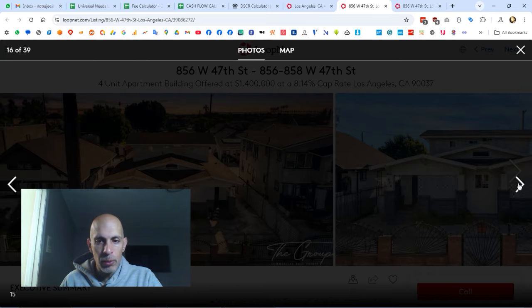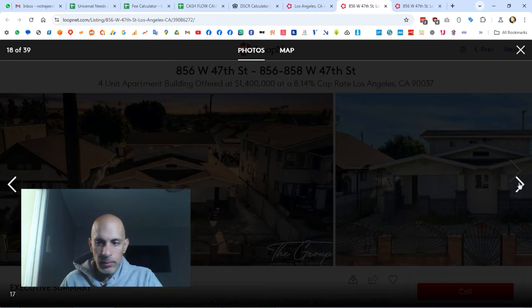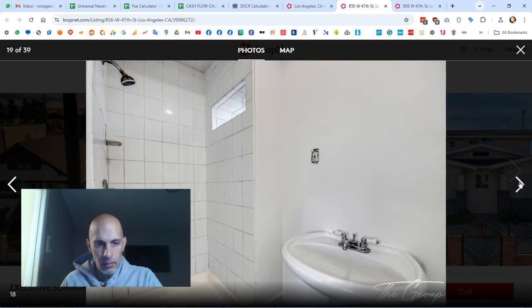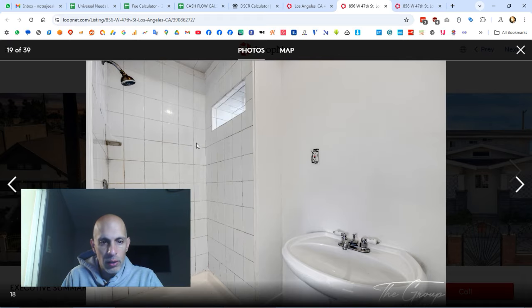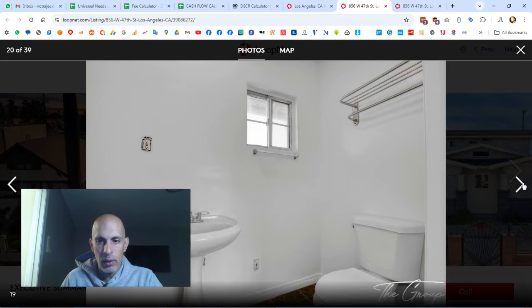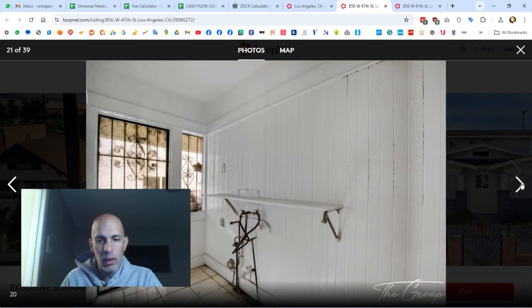Not a big fan of the boob lights, but it is what it is. Now see, if I was the landlord on this, I'd go through and paint these just so I could get nice white grout over there as well, rather than showing that mold. So I'd put some sort of mold killer, some sort of primer, sand it down, and then repaint it. And this is wood right here. There's no excuse for this.